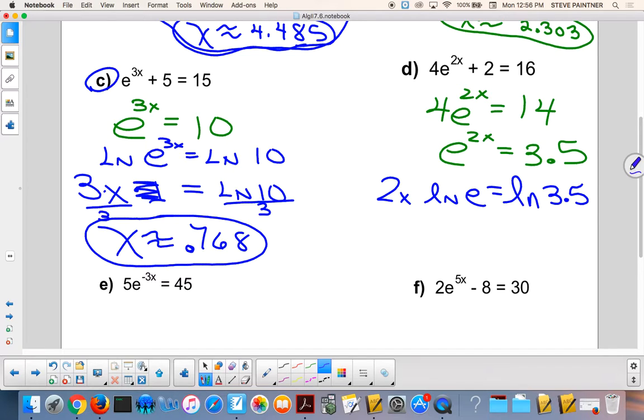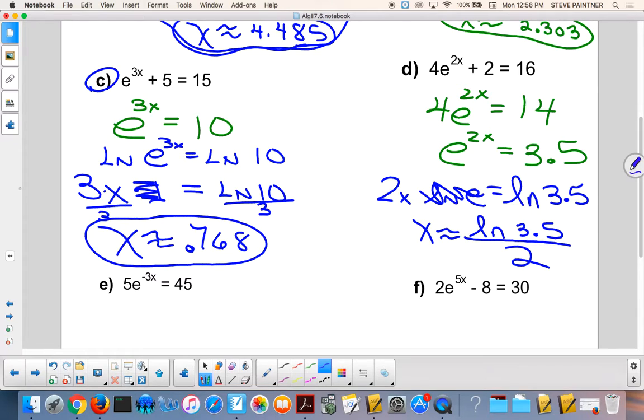What about the 4? Divide it. I already did divide. Oh, I divided 14 by 4 and got 3.5. I got a little ahead of you on that one. Natural log of e, just get rid of it. Don't even write it if you don't want to. Divide by what? 2.